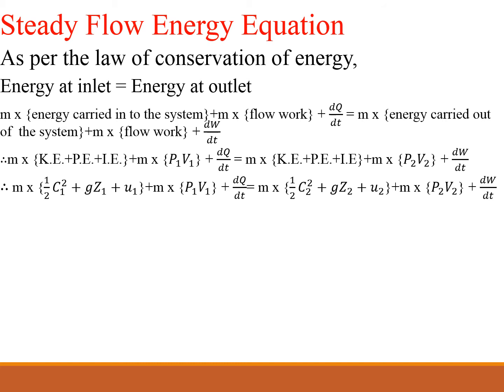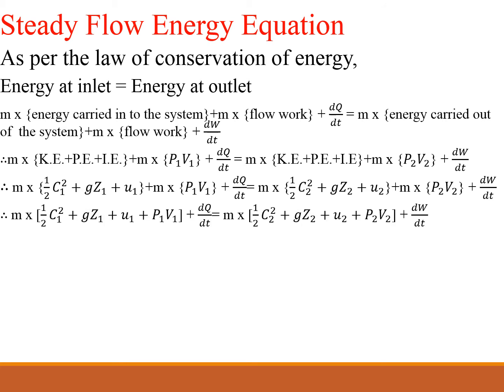So take m in common. So m into half c1 square plus gz1 plus u1 plus m into p1 v1 plus heat energy is equal to m into half c2 square plus gz2 plus u2 plus m into p2 v2 plus work done.